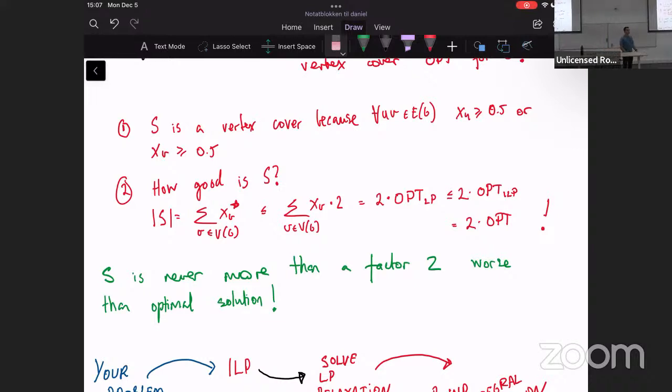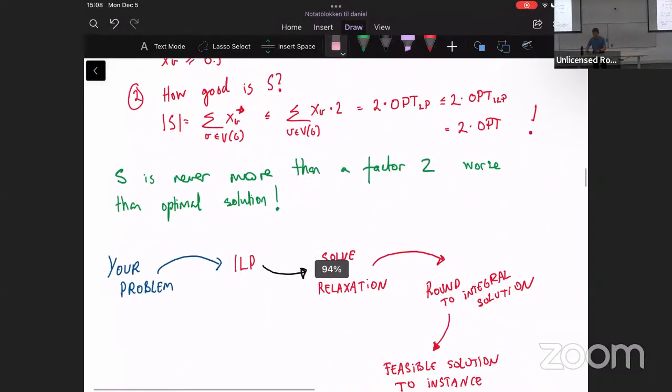Okay. Now, notice that this is a fantastically generic scheme because ILP is so expressive that just about any of your favorite problems, you can formulate as an ILP. Then whenever you have an ILP, you can treat it as an LP and feed it to your solver and solve the LP relaxation.